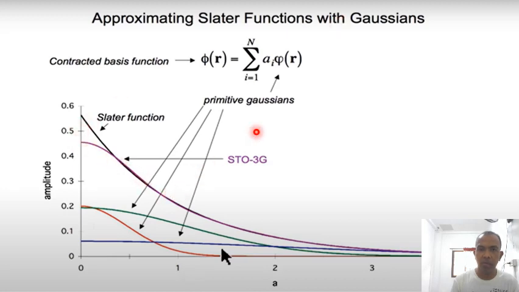The purple curve is labeled STO-3G because it is a Slater type orbital approximated by the sum of three Gaussians.